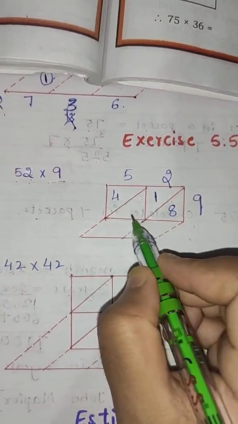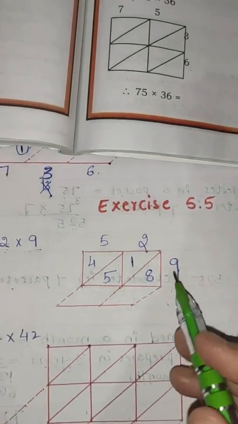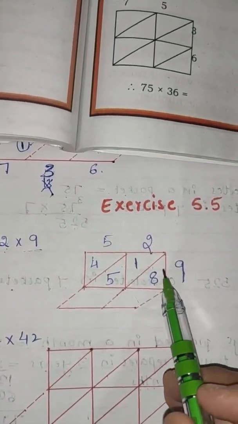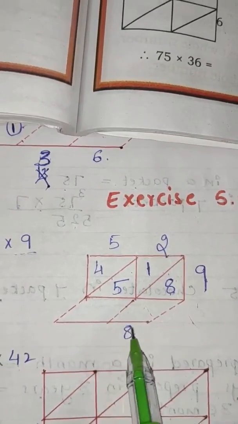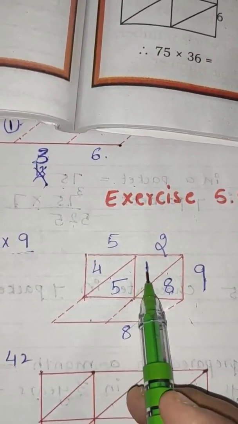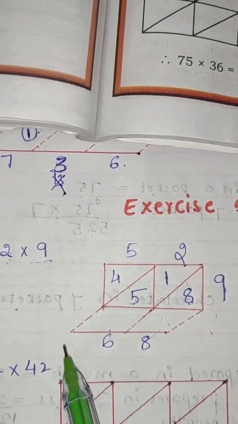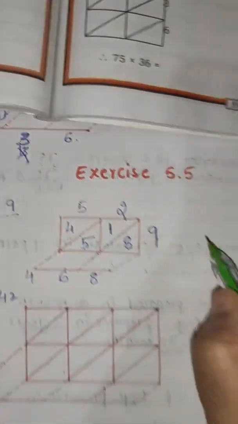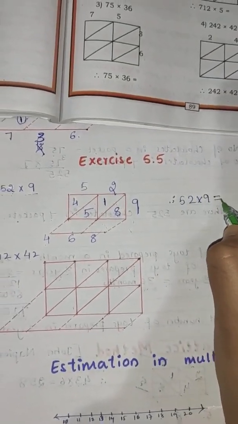We'll write 4 here and the 5 will be here. Now let's add it. In this row we have only one number, so we'll write 8 here. Next come to the second row. 1 plus 5 is 6. Next here we have only one number. So therefore 52 into 9 is equal to how much?